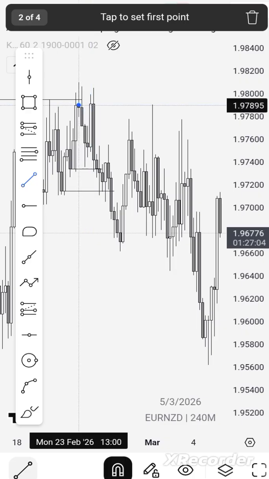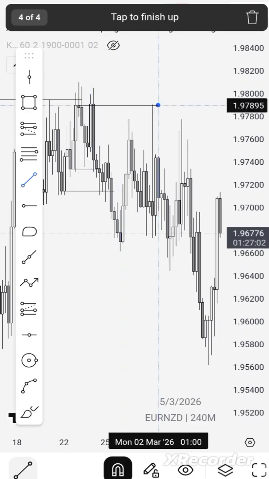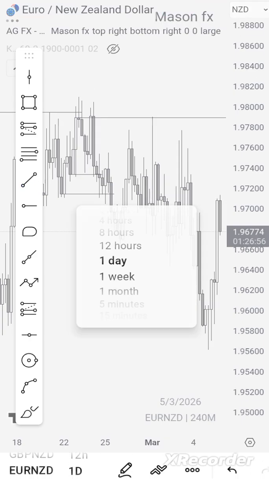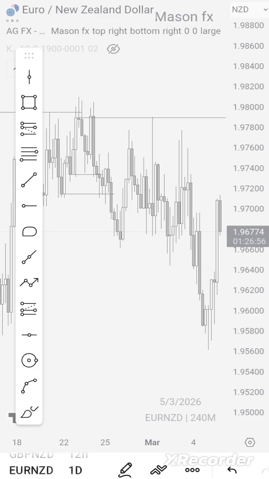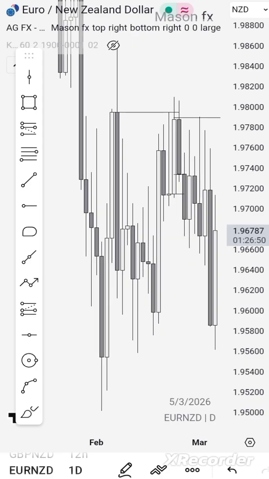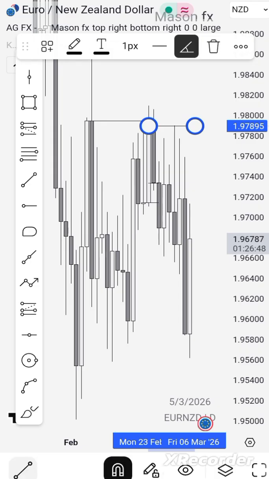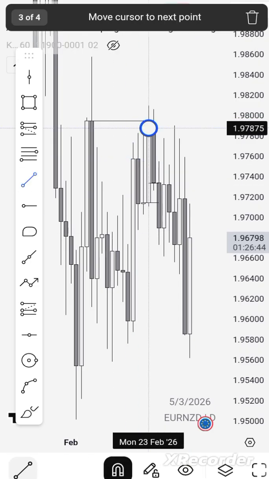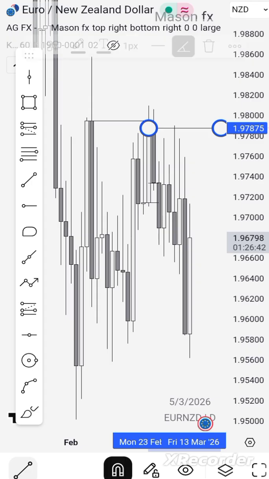But in this case, I marked the QM for my entry. And why did I mark the QM? If you go back to daily time frame, you discover that there is another resistance level that has been formed on daily time frame.